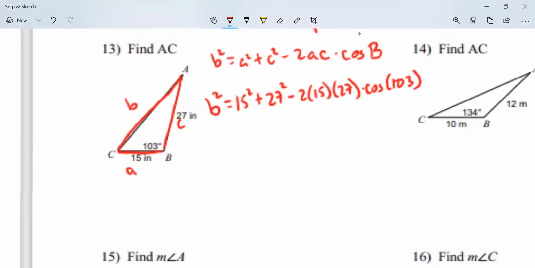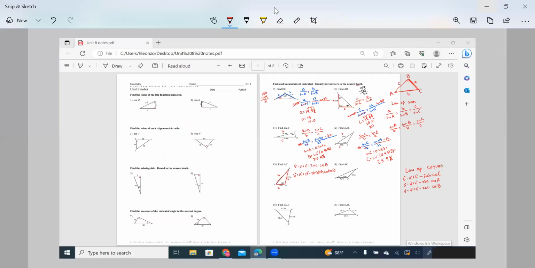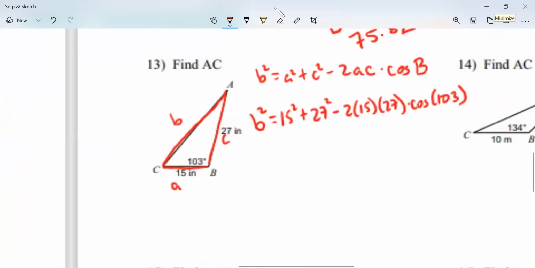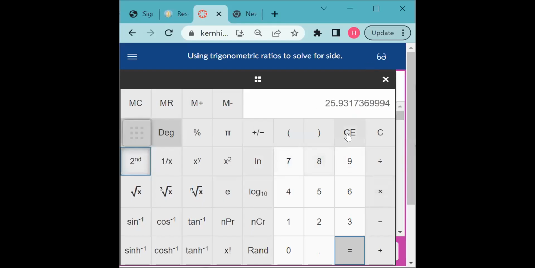Good thing we have a calculator. The calculator is going to do all the work. Let me zoom in. It zoomed out by itself, so let me zoom back in. I'm going to type all that in, so let me grab my calculator. I need cosine, not cosine inverse, so I switched it back to cosine. Let me write this out.